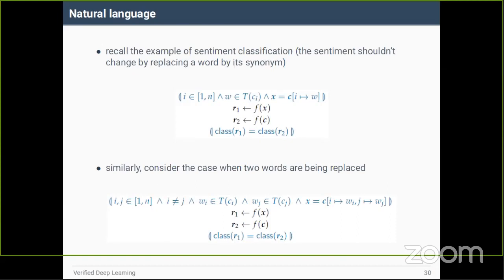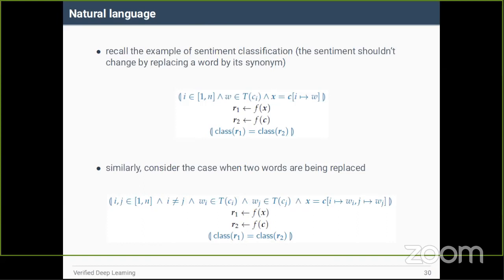Then in your sentence c, you replace the ith word by the new word w, which is returned by this thesaurus. So your sentence remains as it is, except that the ith word has been replaced by a synonym of it. Then R1 is the result that the network gives on x, and R2 is the result that the network gives on c. You want to ensure that the class to which R1 belongs is the class to which R2 also belongs. Namely, that the sentiment does not change if you replace one word. So this is one way of specifying this property.